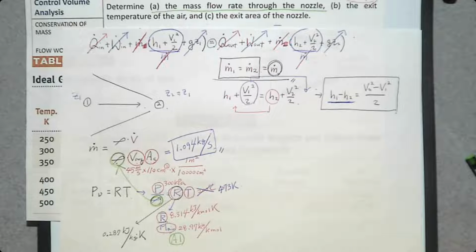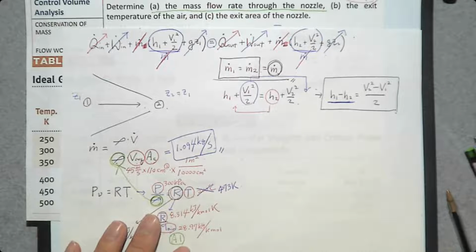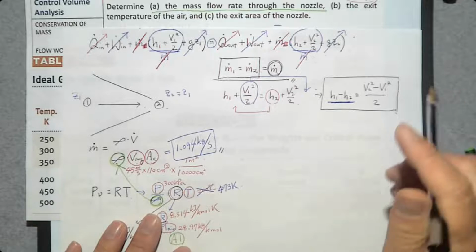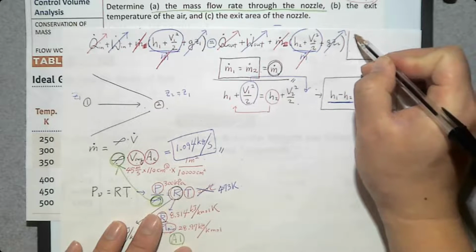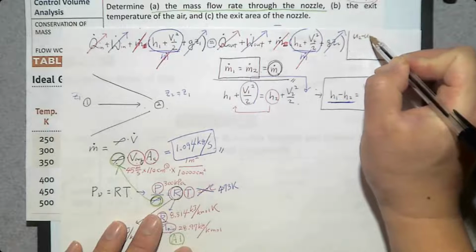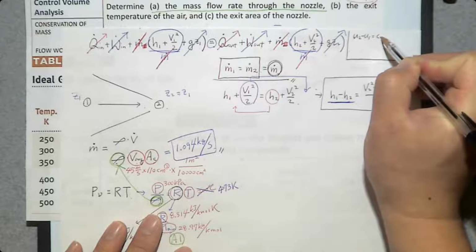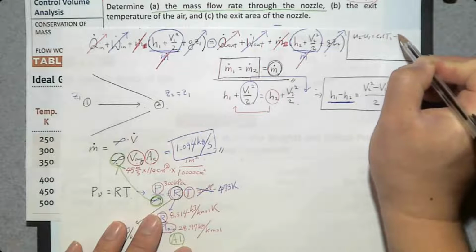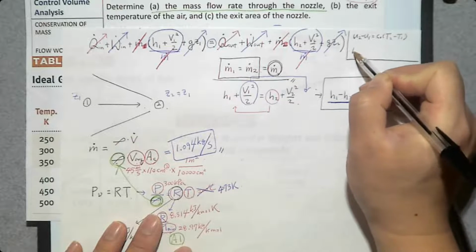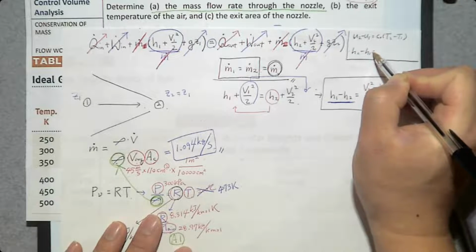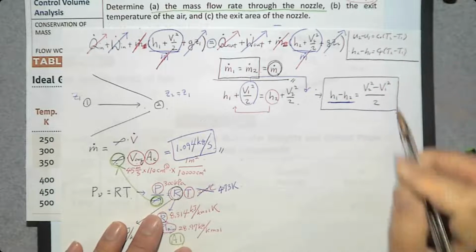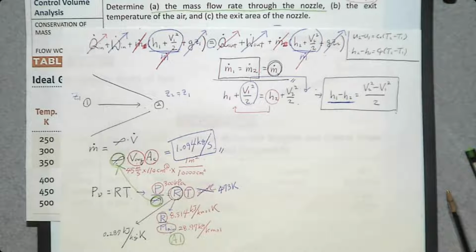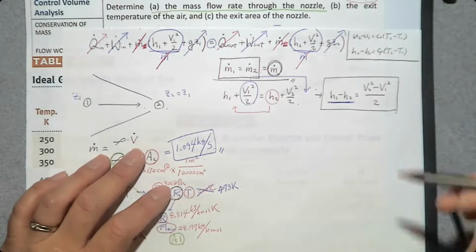So if you have air, such as pure gas, we can use specific heat. If you don't remember how to use the specific heat, U2 minus U1 is CV (T2 minus T1). H2 minus H1 is CP (T2 minus T1). So that's how we use specific heat. Then what is specific heat?